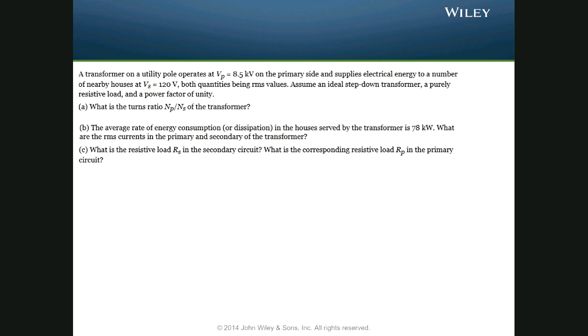That means that cosine phi is equal to 1. That's what the power factor equal to unity means. So that allows us to use our transformer equations, right? V secondary equals V primary times N secondary over N primary.